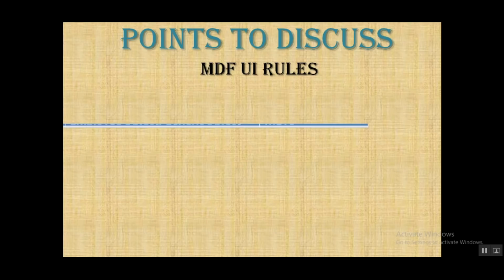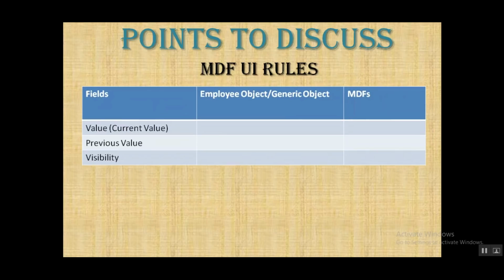And to do that, we need to use these three specific values. We need to know the current value of the field, the previous value of the field, and the visibility status to set, whether that field is going to be visible or not visible, based on another field's value. So to write a business rule, we need to have these three fields at least.